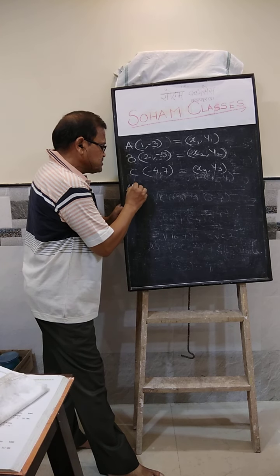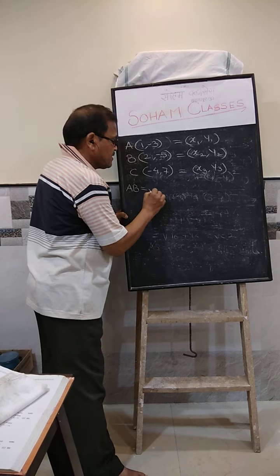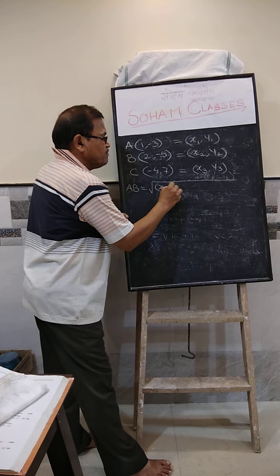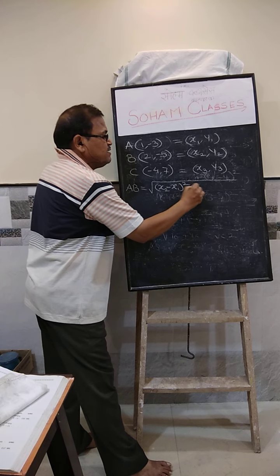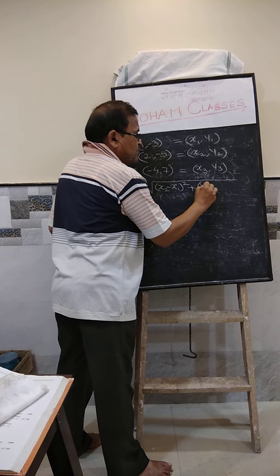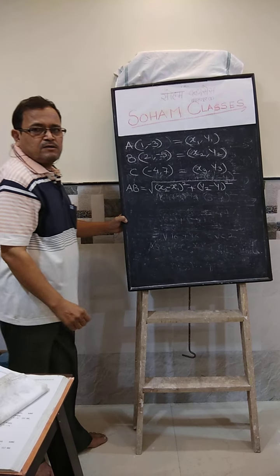So the distance AB between A and B is under root (x2 minus x1) bracket square plus (y2 minus y1) bracket square.